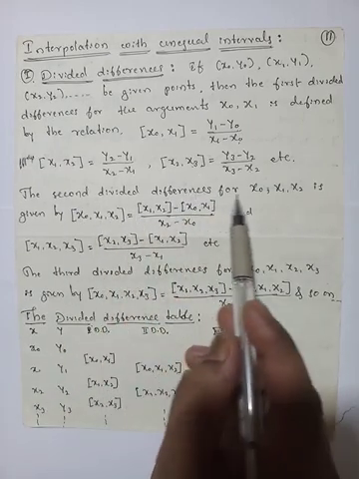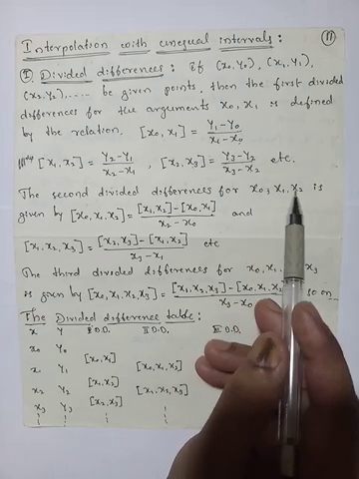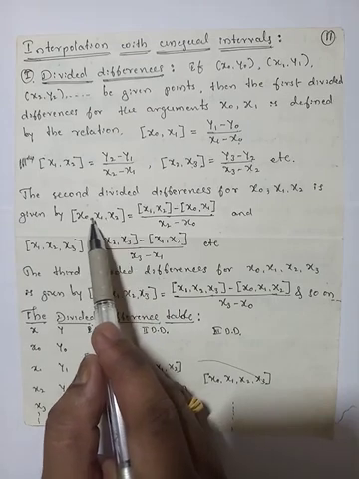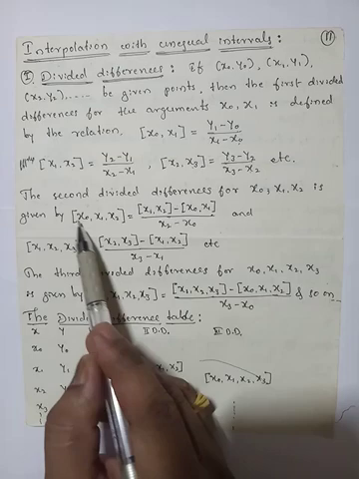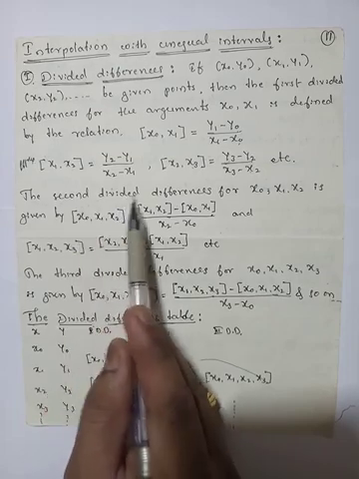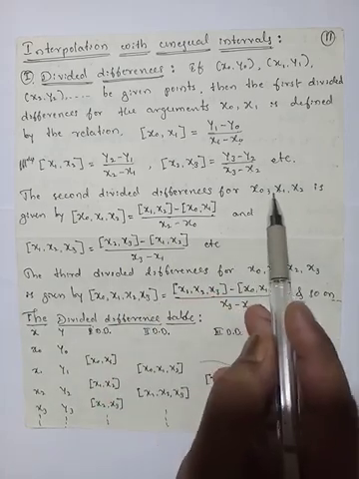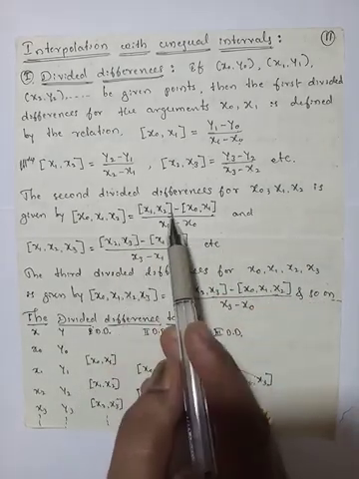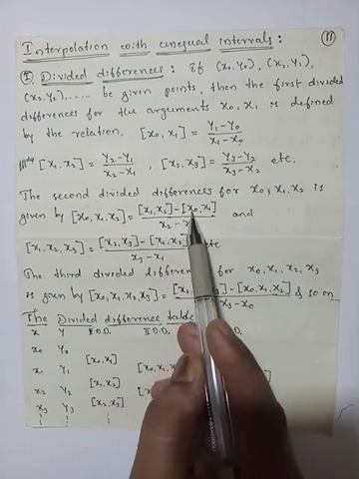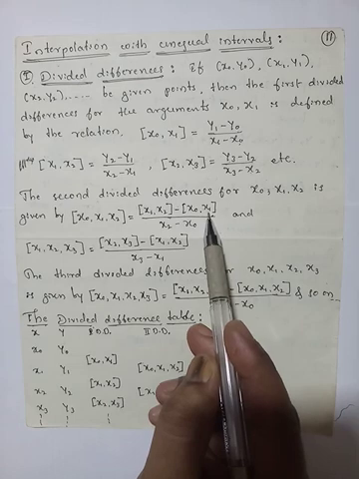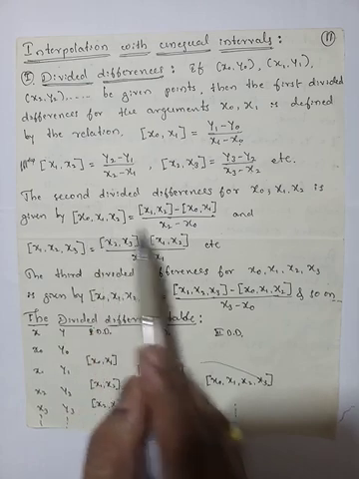Now the second divided difference for the three values x0, x1 and x2 is represented in a square bracket as x0, x1, x2. It is defined as the square bracket of x1 x2 minus the square bracket of x0 x1, divided by x2 minus x0.